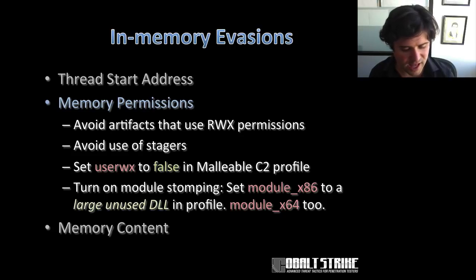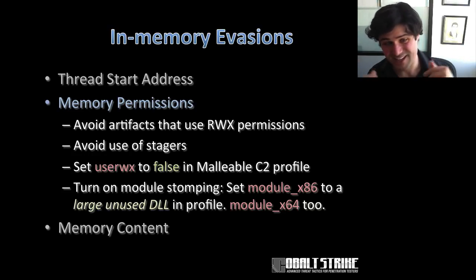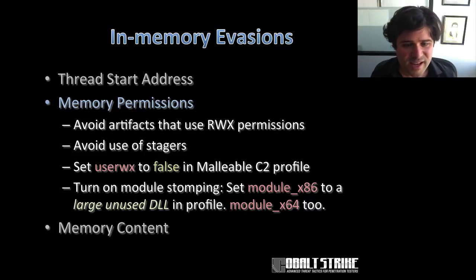It is a great way to fly under the radar of solutions and analytical tools that are scrutinizing executable pages, regions of memory that have executable code that are not backed by a module on disk. Because you can make yourself backed by a module on disk. That's what you're doing there. And you do that with the module x86 option and the module x64 option.